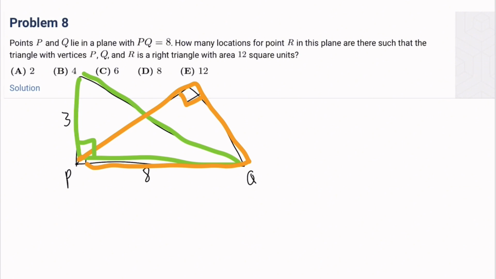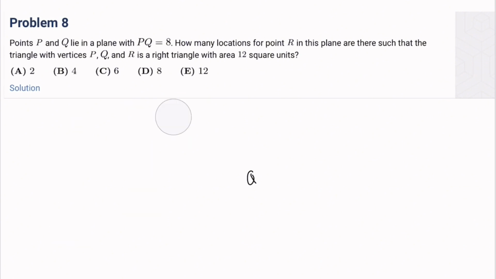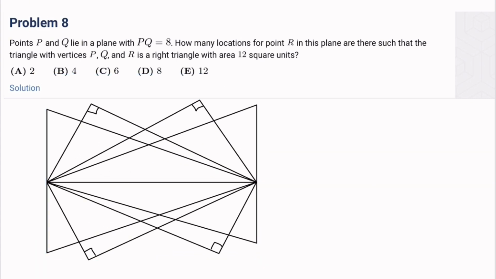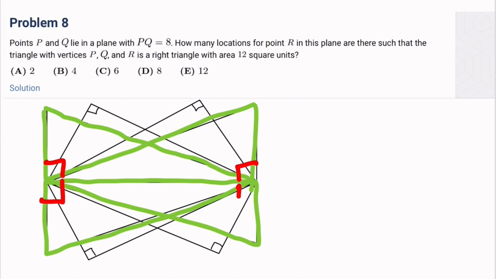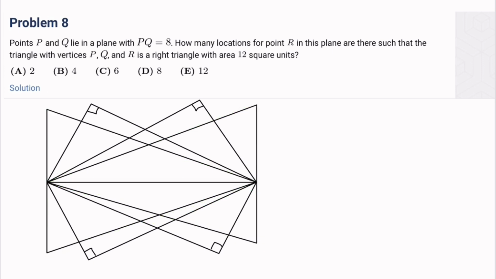If we make all of these possibilities into a diagram, then that would look something like this, right? So there will be 4 of the first kind of triangles, like this, and like this, and like this, and they would all have their right angles on either P or Q, right? And there are the second type of triangles, like this, right?